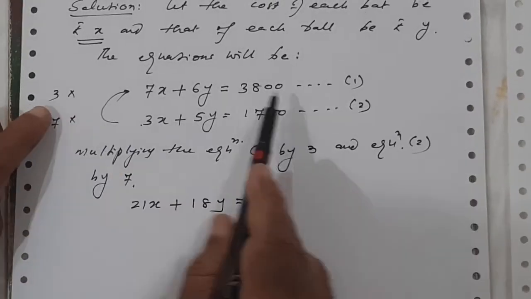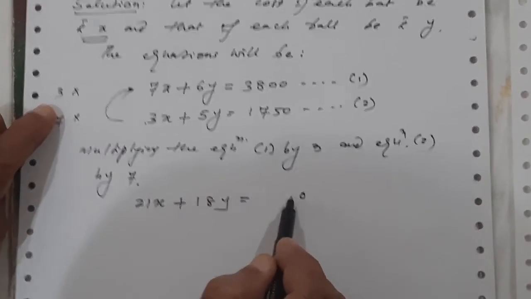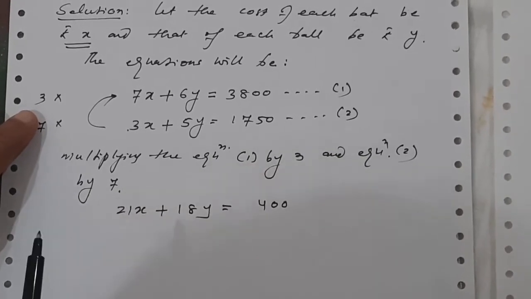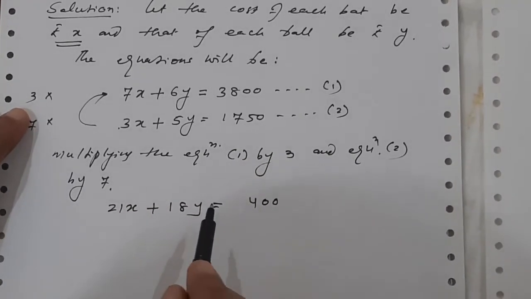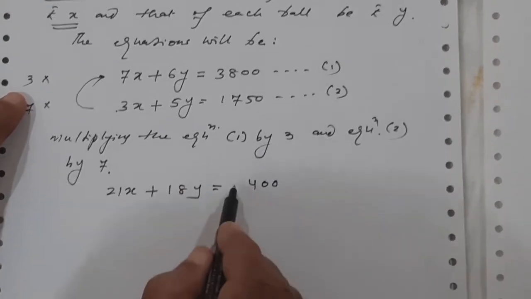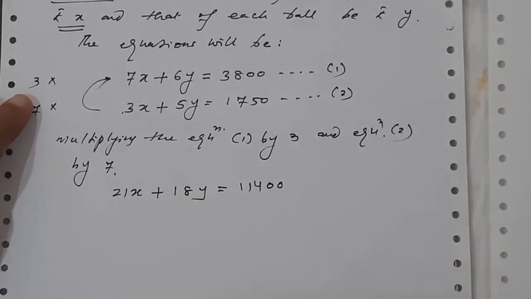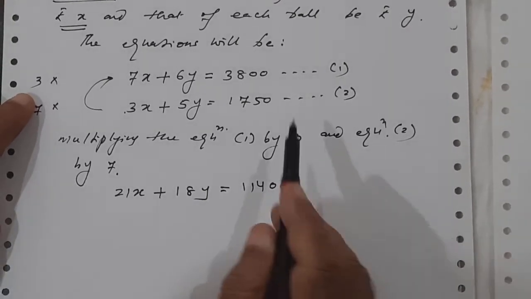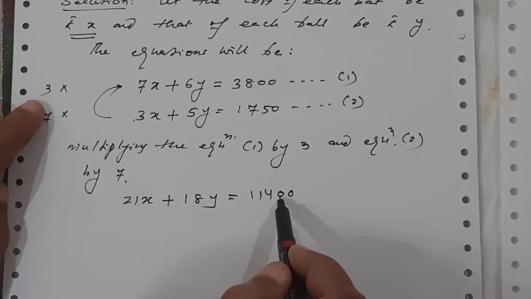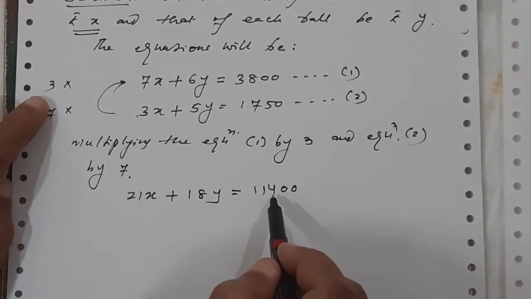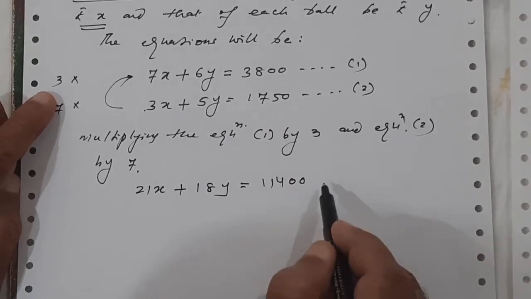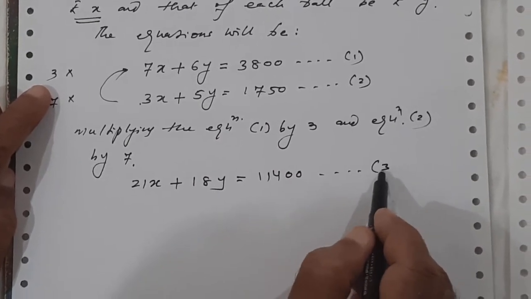So 3 times 0 is 0, 3 times 0 is 0, 3 times 8 is 24, 2 carried, and then 3 times 3 is 9, plus 2 is 11. So this is equation number 3.